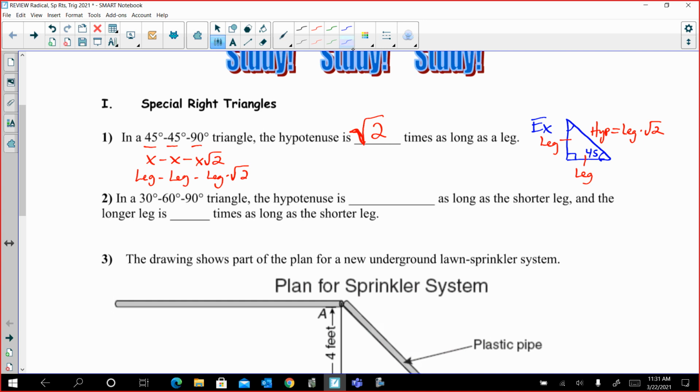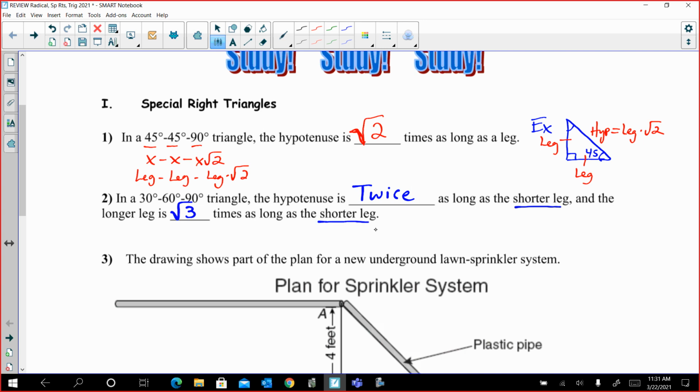Now for a 30, 60, 90 triangle, this is when the legs are not congruent. The hypotenuse is twice as long as the short leg, and the longer leg is root 3 times as long as the short leg.